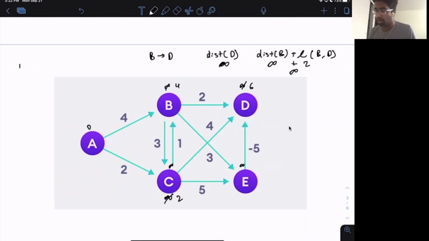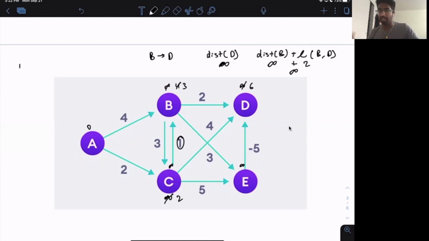But the interesting part is when we explore edge C to B: that's 2 from A to C plus this 1, so B's distance gets updated to 3. That's the nice thing that happens in Bellman-Ford. As you go through more and more iterations, you get better and better shortest paths.